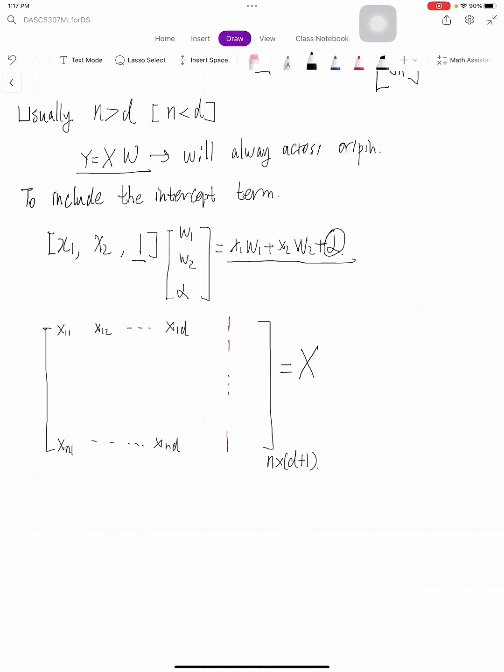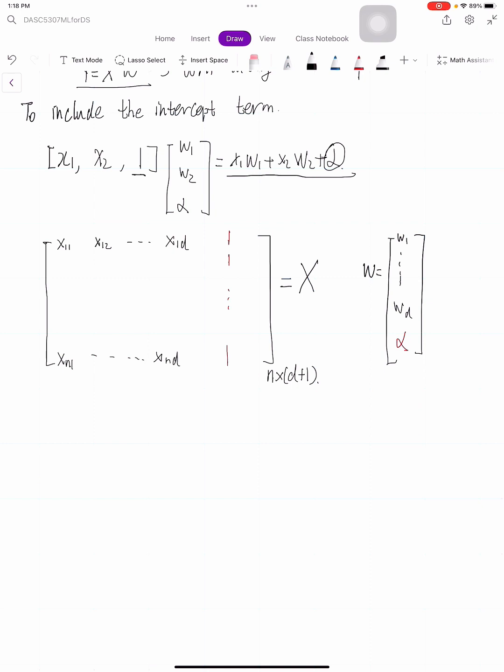And w is a vector w1 through wd with intercept alpha. Maybe let me use different colors, red.